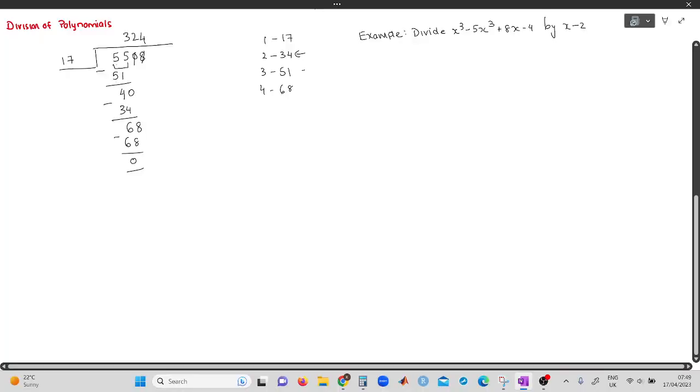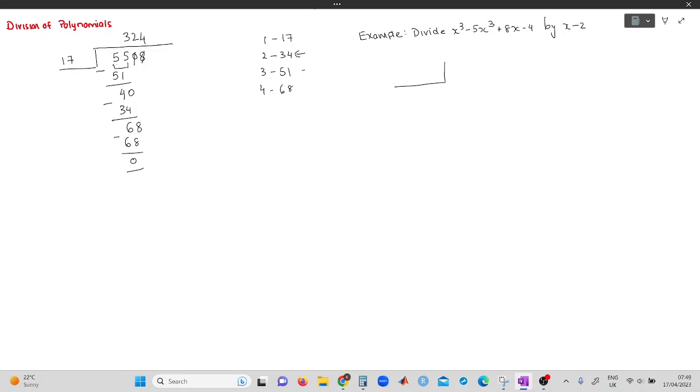Okay, so first thing, we put it in the long division format. So the polynomial is x cubed minus 5x squared plus 8x minus 4, divided by x minus 2.